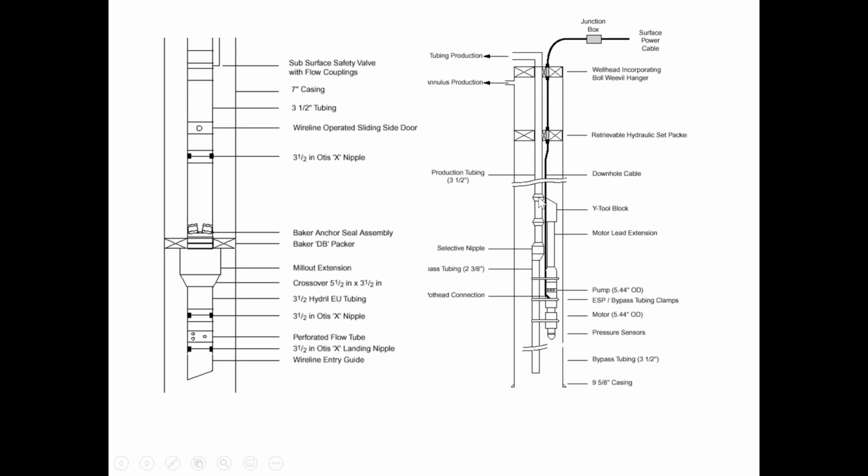But here, you see that it is continuing down here, because in this case we want to have access to below the pump. If we have the pump here, we cannot run something or a wire line through this line. So we have a sort of Y-tool connection, so we can produce the fluid bypassing the pump.